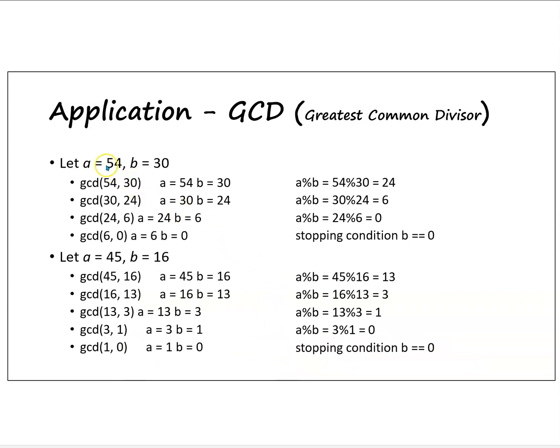So in this example, let a equal 54 and b equal 30. The first time we call it, a equals 54, b equals 30. The second time we call it, a equals 30, and b equals a mod b, which is 24, and so forth. The stopping condition is when b hits 0.